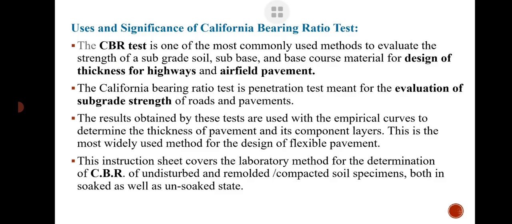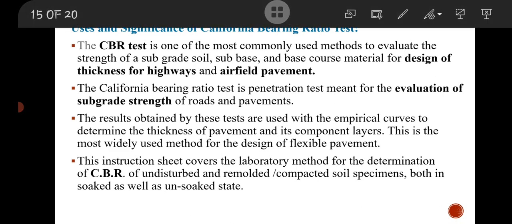Next, uses and significance of CBR test. First use of the CBR test is to design the thickness of highway and airfield pavement. Second use and significance of the CBR method is to determine the evaluation of subgrade strength.